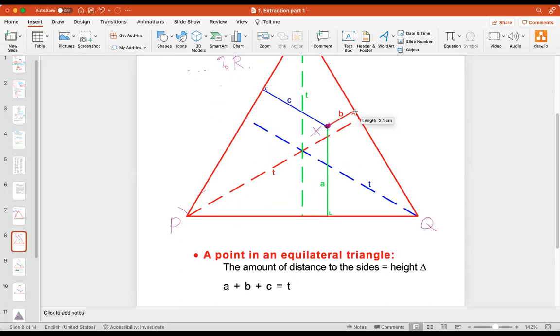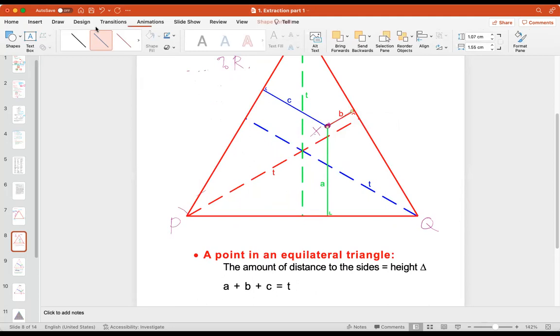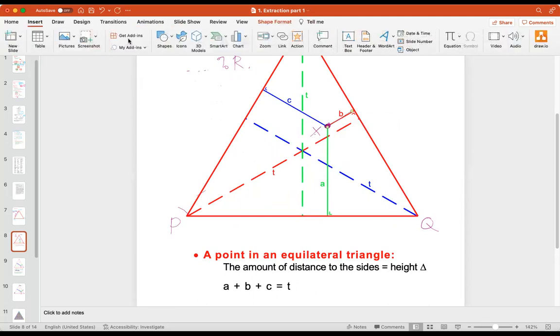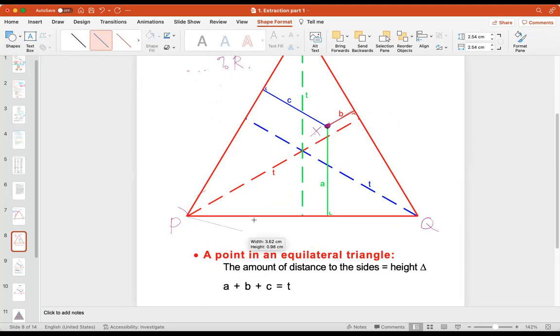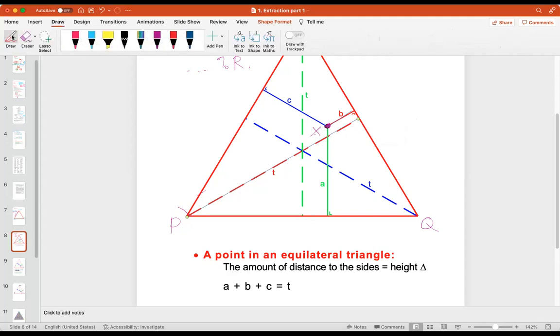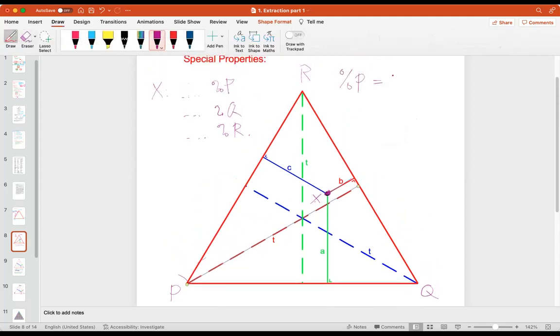Just keep in mind 2.1 centimeters. And after that, I also calculate the line from P to this one, which is 11.02. So my percentage of P from my calculation is 2.1 divided by 11.02.